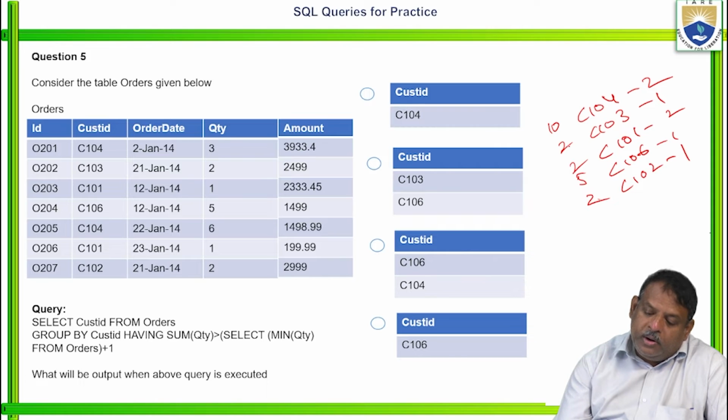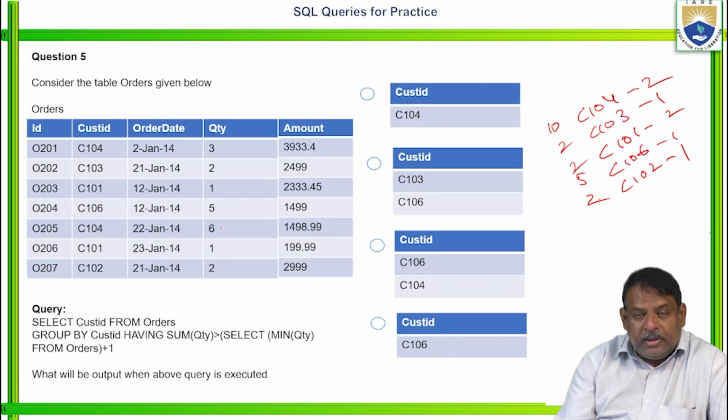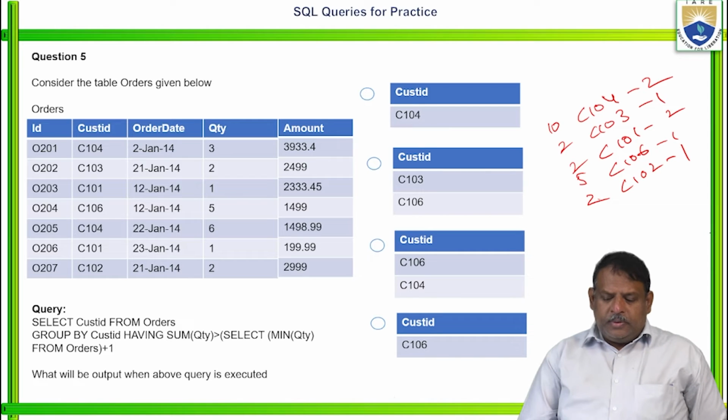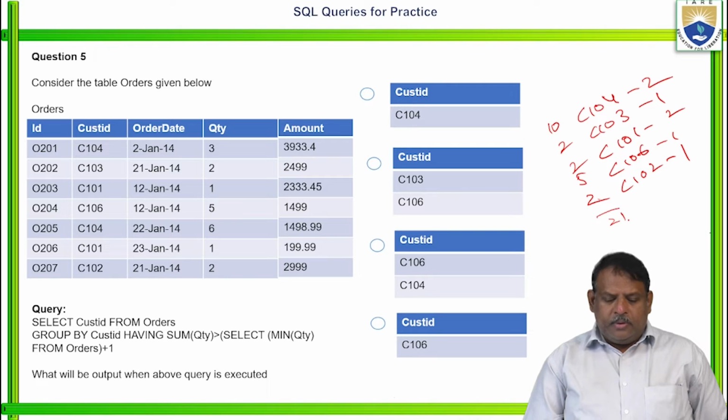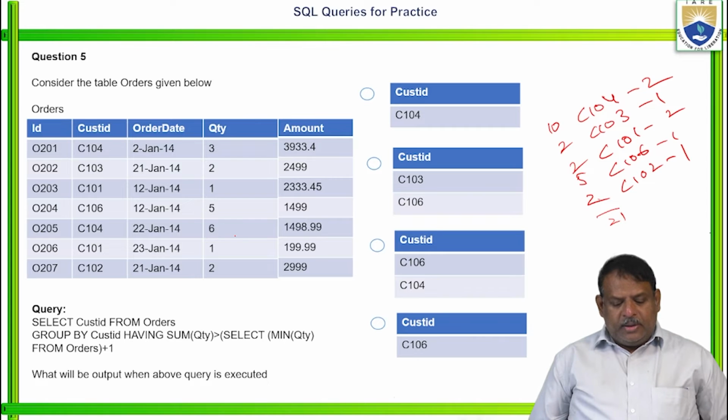10 plus 2, 12 plus 2, 14. 14 plus 5, 19, 21. We got 21 here. 3 plus 2, 5 plus 6, 6 plus 5, 11. 11 plus 6, 17, 20.